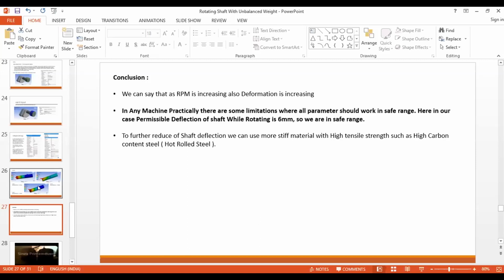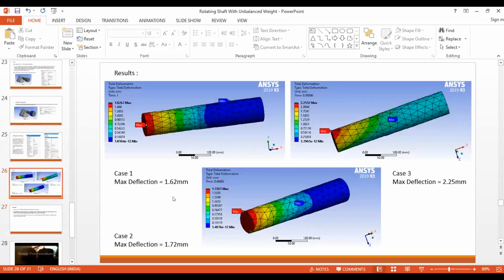From my practical experience, I will say the deflections I am getting are way too high, because generally we get deflection around 0.25 mm, 0.35 mm, or 0.67 mm, like that.